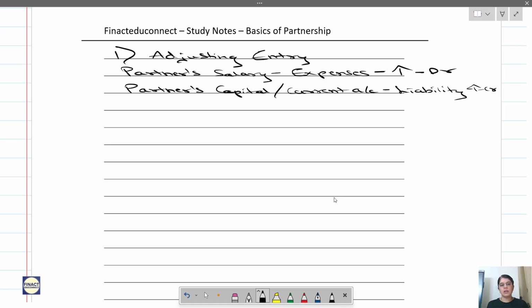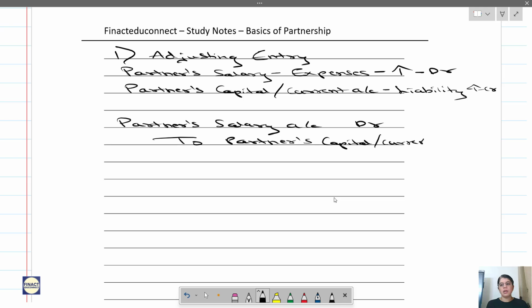So the journal entry will be partner's salary account debit to partner's capital or current account. This is known as an adjusting entry. So just write this, then we will go to the next one.